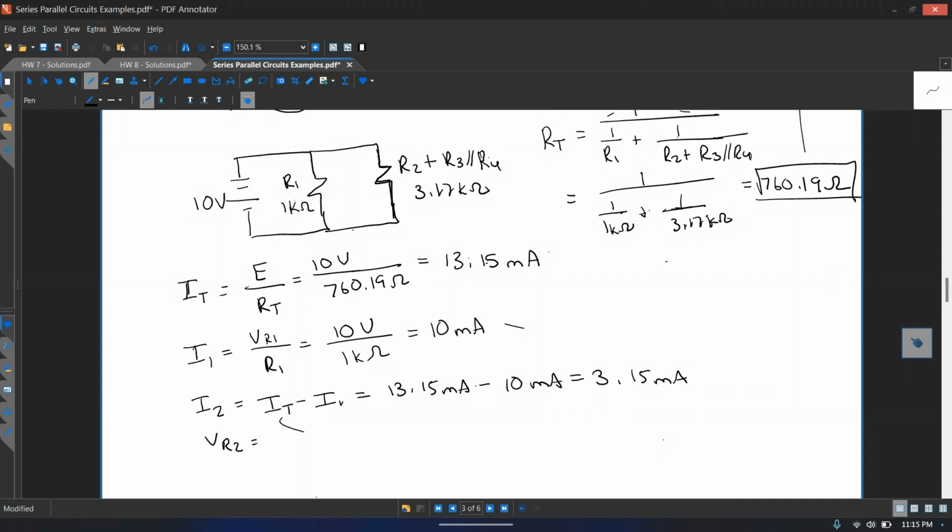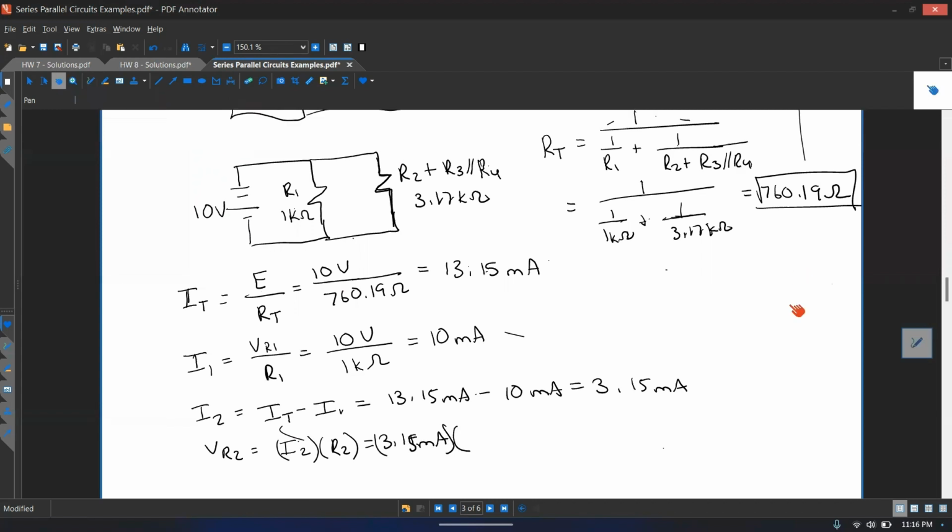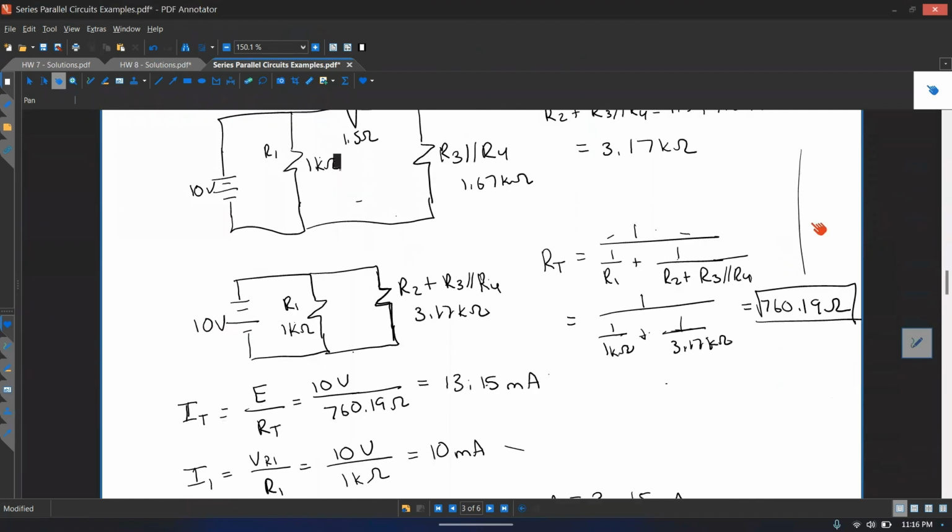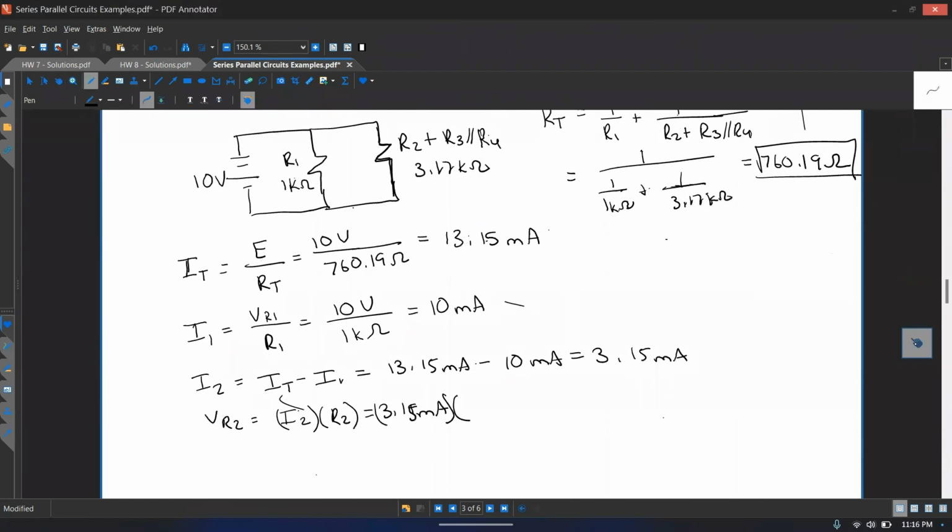VR2 is equal to I2 times R2, which equals 3.15 milliamps times R2, which is 1.5 kilo ohms.